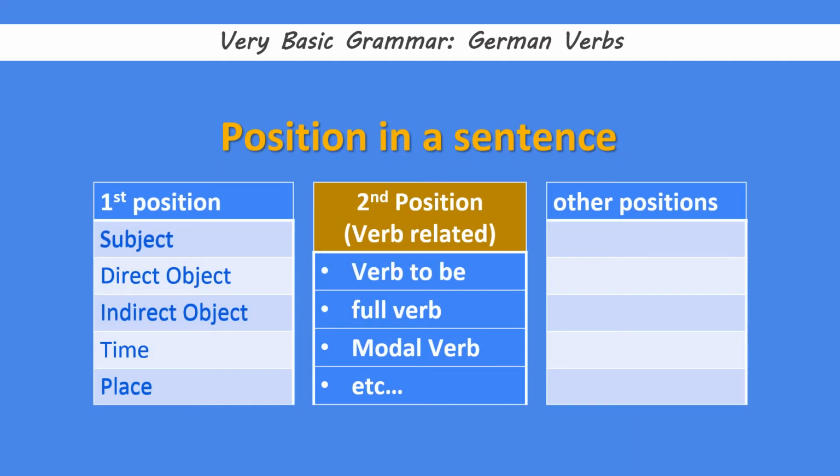In German, subject, direct object, indirect object, time, or place can change their position in a sentence. However, in general, verb-related words are in the second position. It can be the verb to be, main verbs, or modal verbs.